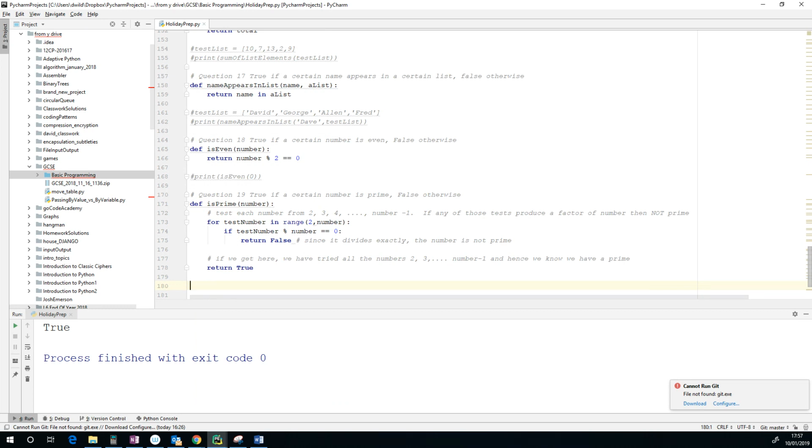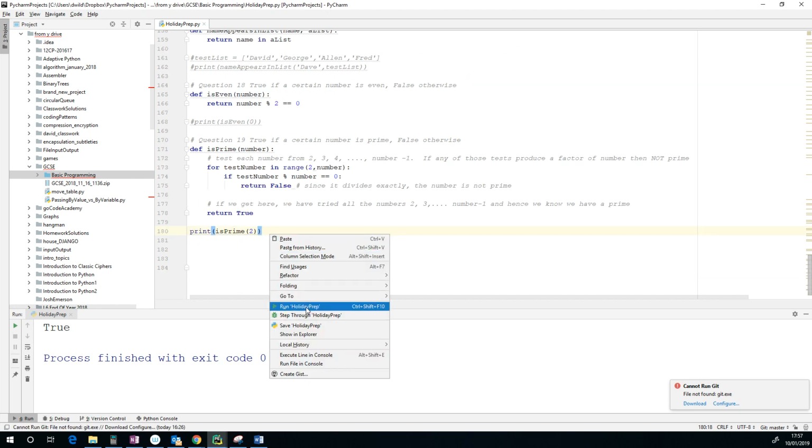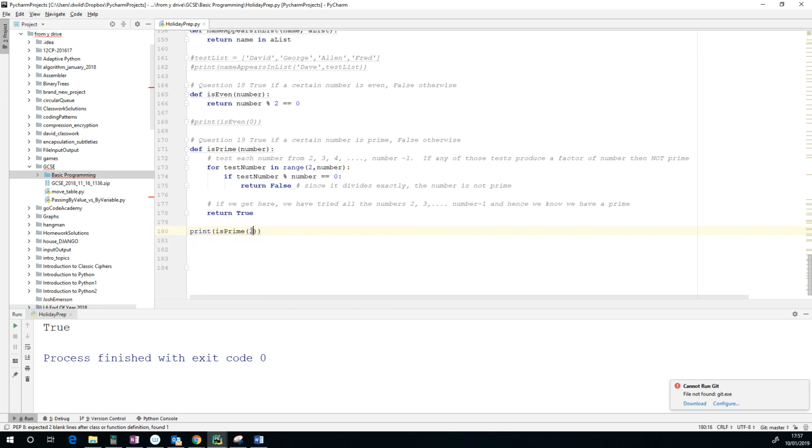Okay, let's test it. We're going to say print is prime 2. Let's try 2. Now 2 is a prime number, right? True. Okay, so far so good. 3 is a prime number.